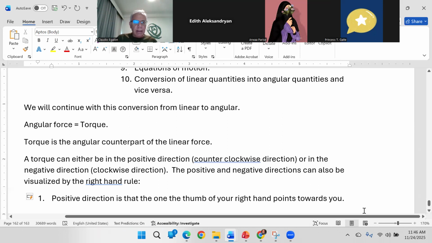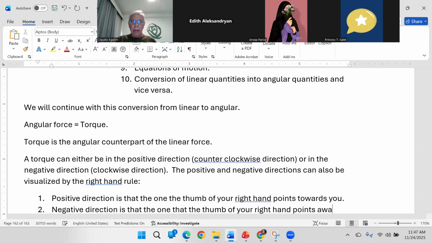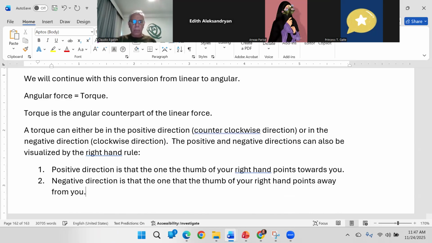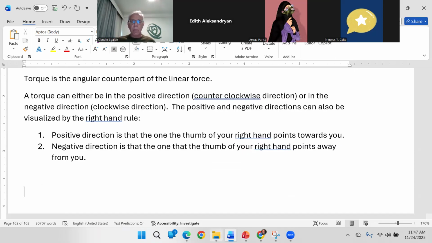Positive direction is that the thumb of your right hand points towards you. Negative direction is that the thumb of your right hand points away from you. That's what you have to know.